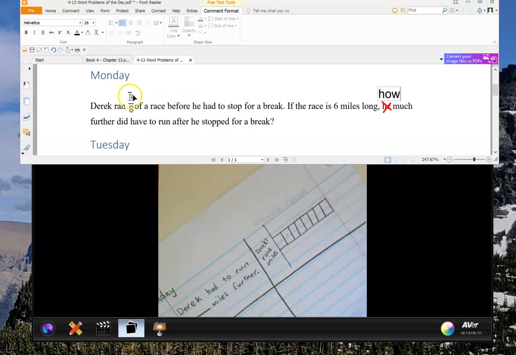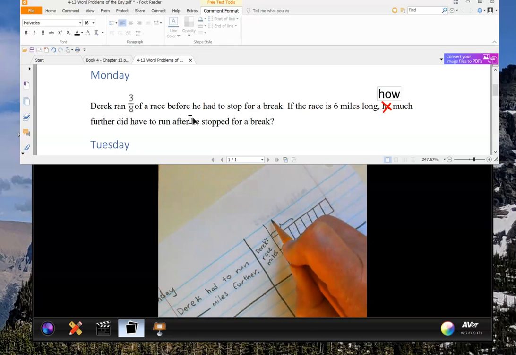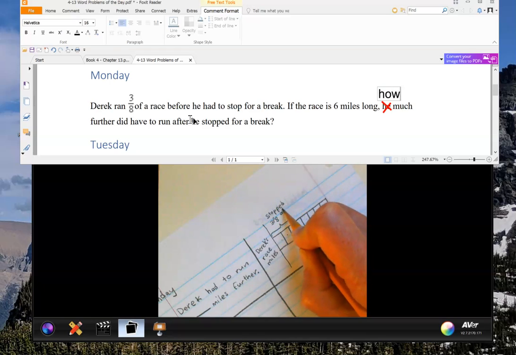It says 3/8 of a race before he had to stop for a break. So I'll put here that 3/8, and this is what he stopped at.